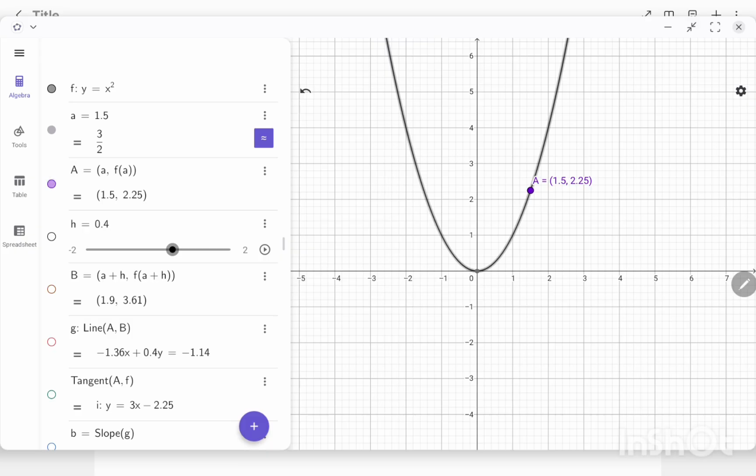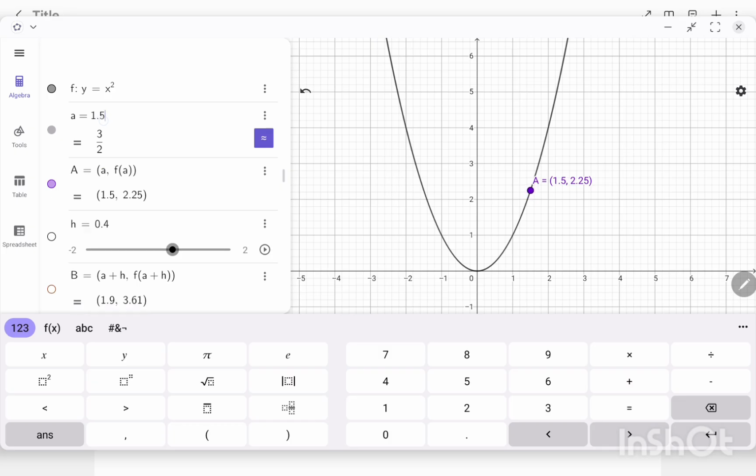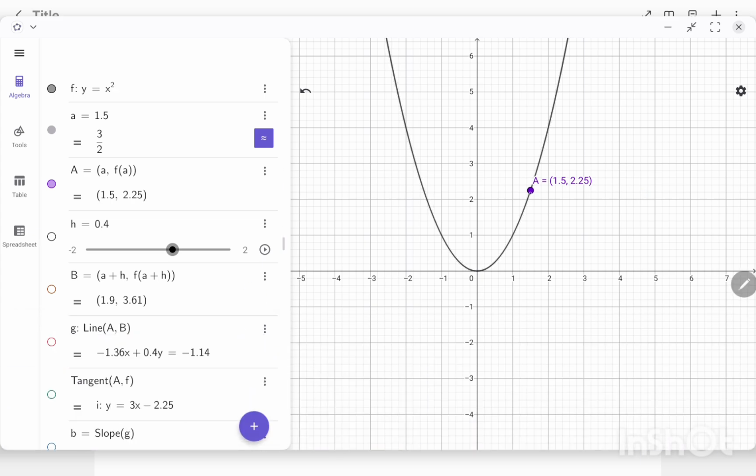So let me take a point A, where A is defined as a comma f of a. We know a is 3 by 2, otherwise 1.5, and if we substitute 1.5 in the place of x here, we will get 2.25. So A is a point on the parabola.